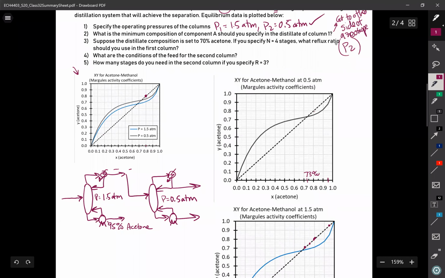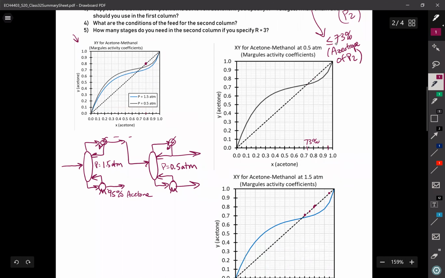So what's the question? What is the minimum composition of component A? It's going to be the azeotropic composition from the second column. So the answer to question 2 is it must be less than or equal to 73%, which is the azeotropic composition of pressure 2.